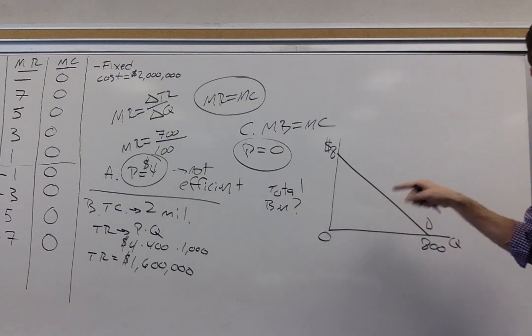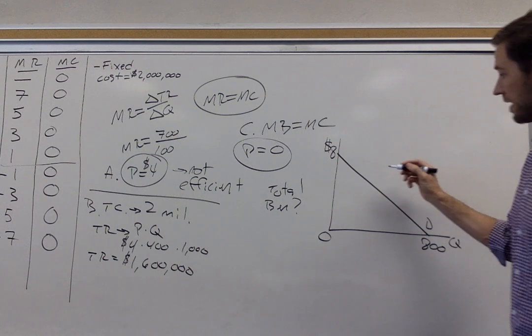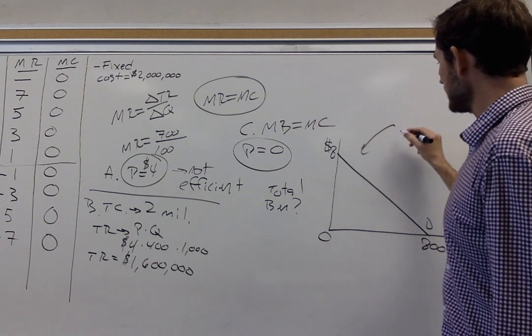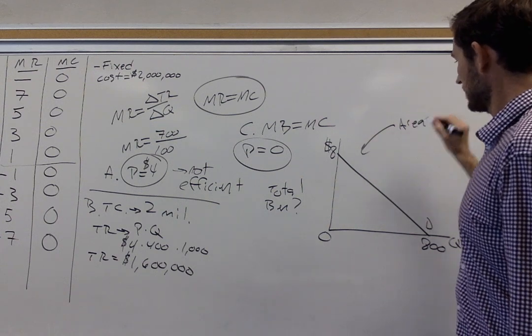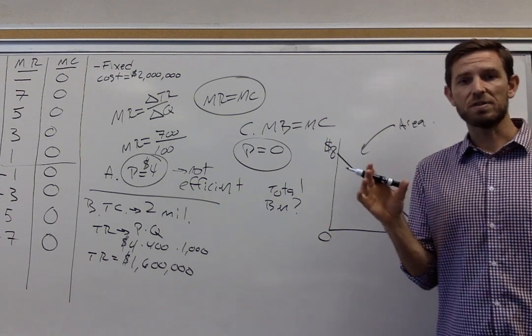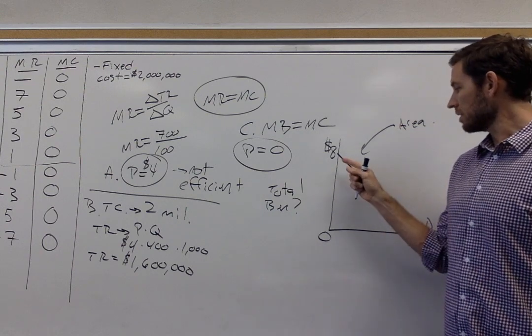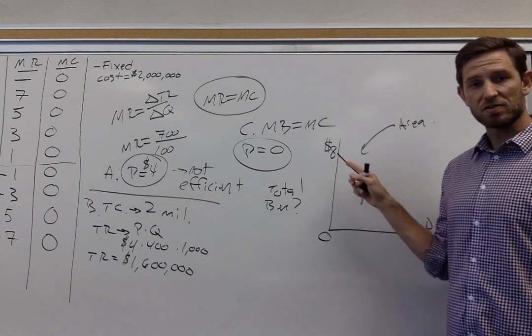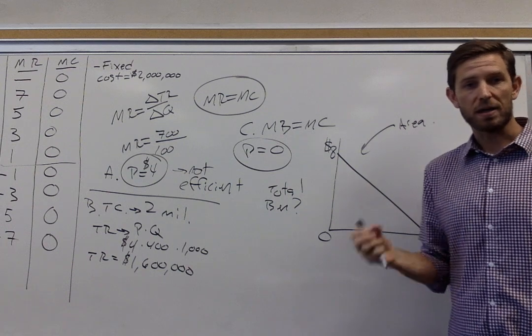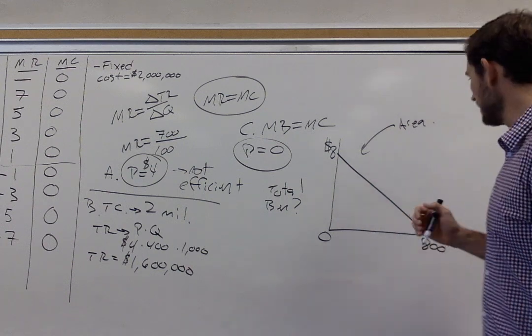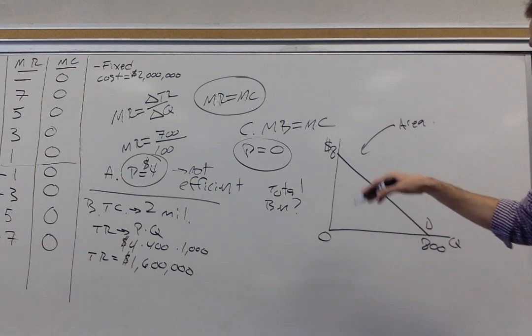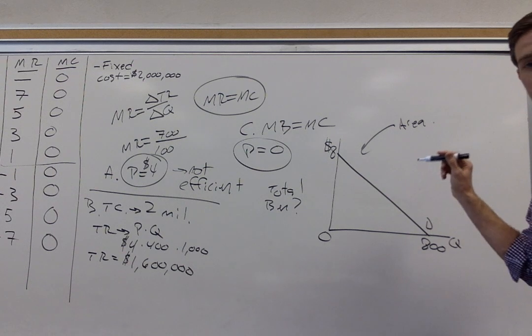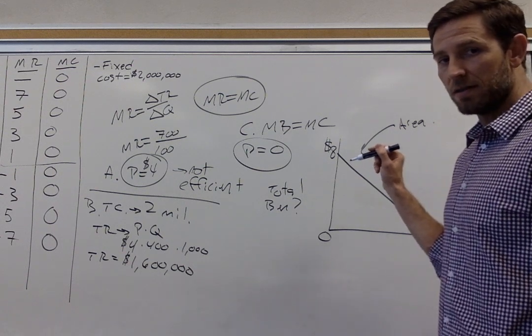So the benefit to society then can be recognized as the area under this curve. That's going to represent the difference between the price that a person would pay and the price that they actually pay, which is 0. So let's check it out then. We can figure out the area under this curve. That'll represent the benefit to society from this particular bridge.